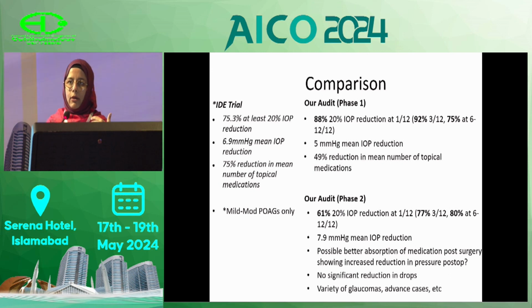So I think I got a bit more brave in doing eye stents in a different variety of patients, not just limiting them to primary open angle patients, as the pivotal trial did them mostly in mild to moderate primary open angle glaucoma patients and cherry picking them. But as we did them in advanced patients and patients not willing for trabeculectomy, I think possibly there was a better absorption of medication post-surgery as well that led to this trend of improving pressures.